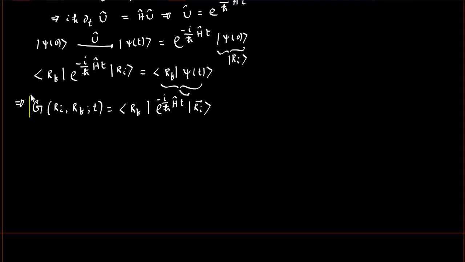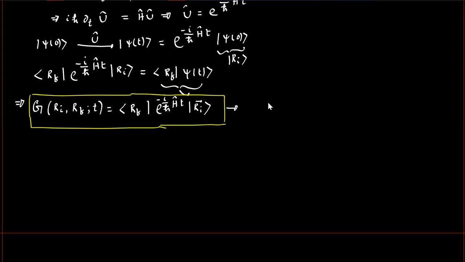Okay, so let me just write it in a more user friendly way. So G of r i, starting at r i, r f, t equal to, here I consider x f as the final state.